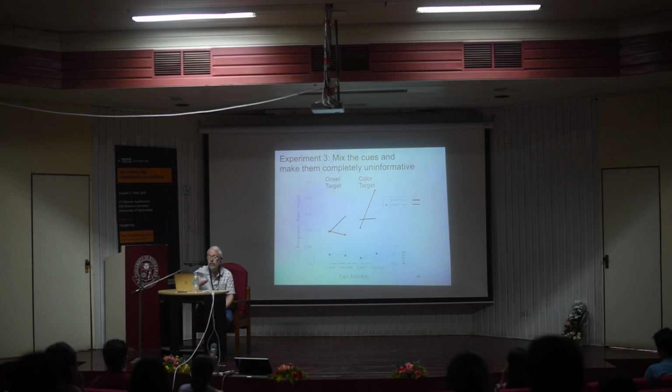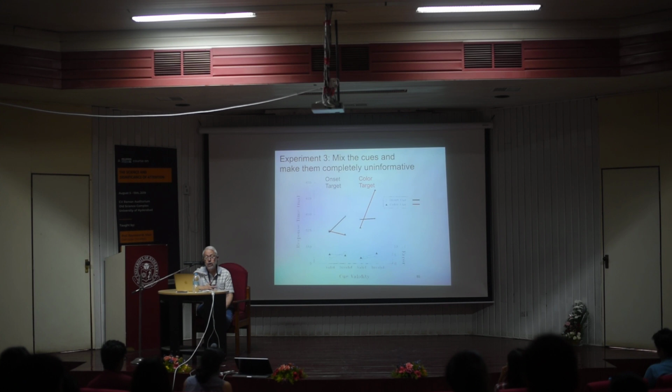If instead we look at the color target data, now the onset cue is having no effect. That's the black line connecting 2 circles. So the onset cue that captured your attention when you were looking for onsets has no effect when you're looking for the singleton red thing so that you could decide if it was an X or an equals. But the singleton red cue now matters robustly.